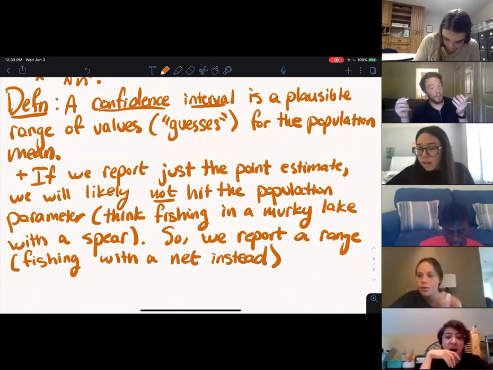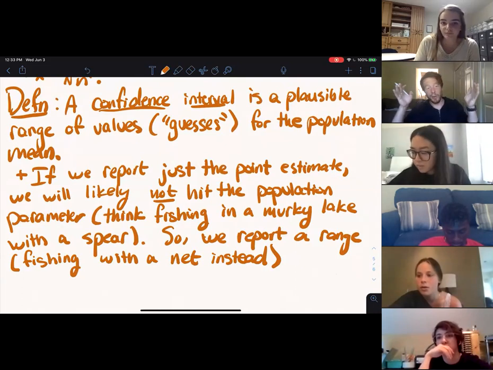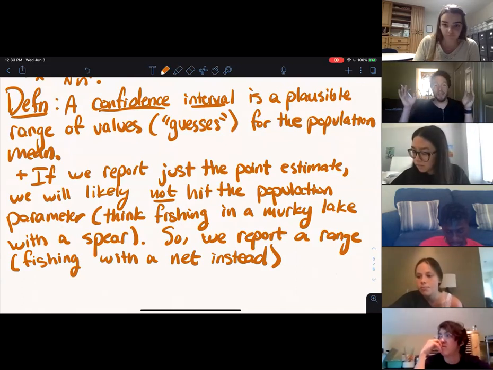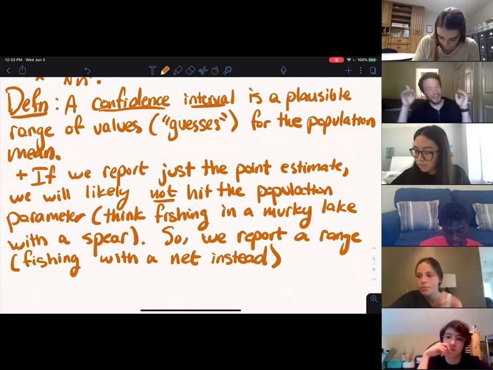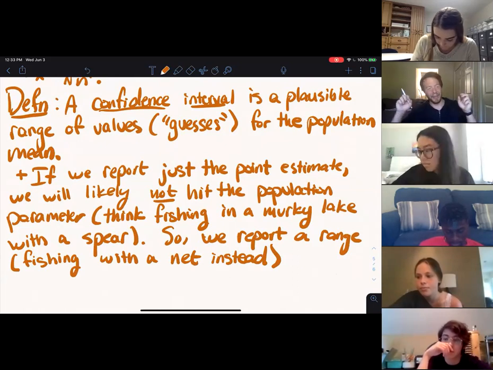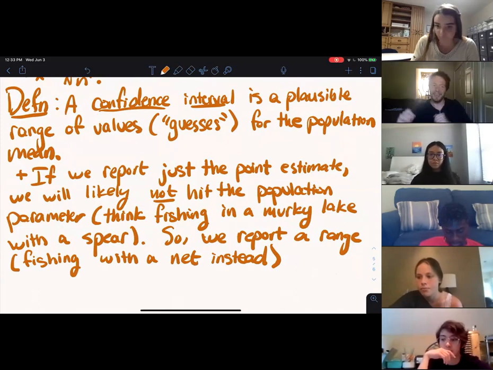They're good guesses, but they're not going to be accurate. Whereas if we reported a range and said, well, the population parameter is likely going to be somewhere in this range, that's going to be a lot more likely to be true. The analogy is like throwing a net down: the spear's not going to work, but with a net, it's going to be somewhere in here.